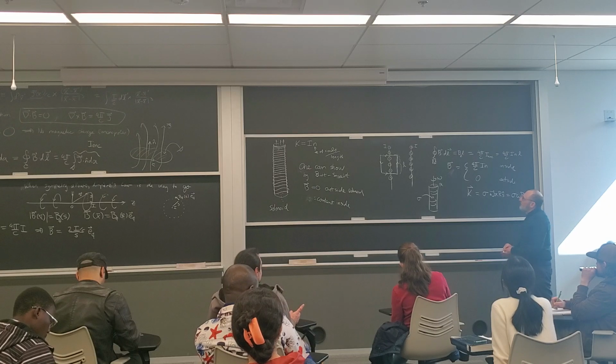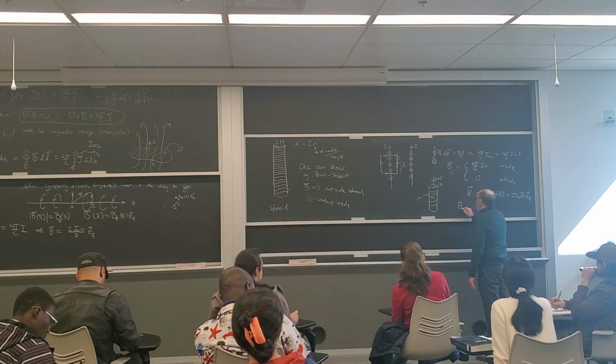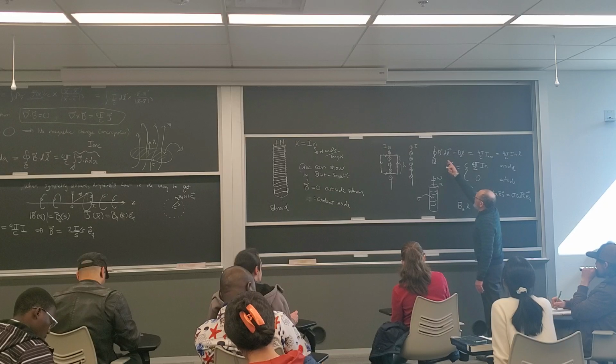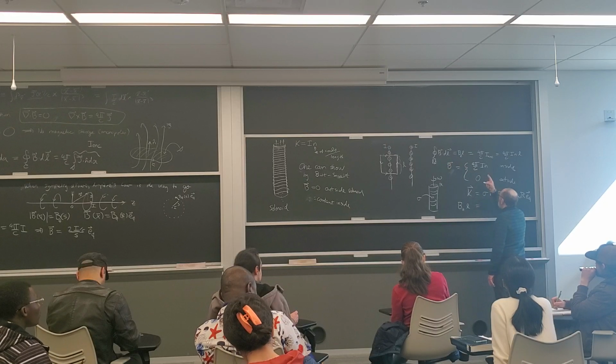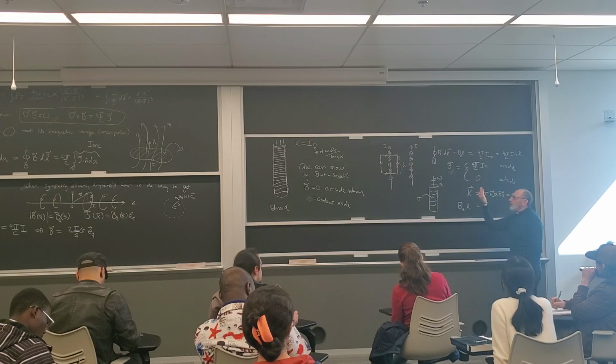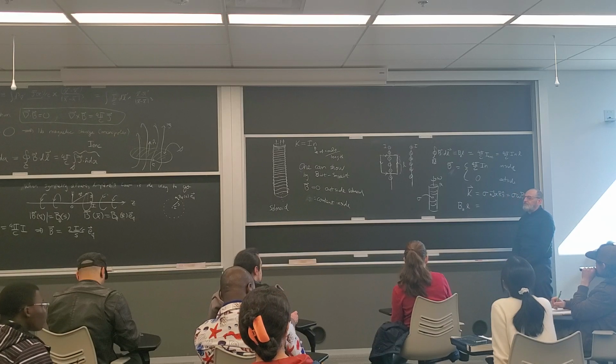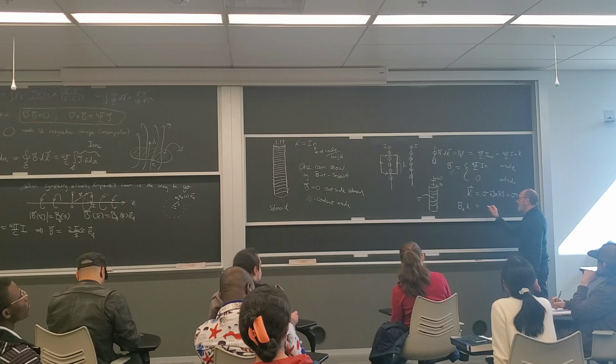So again, we have B_z times L is equal to 4 pi over c times this, but what's the current enclosed in these parameters? K times L, right?